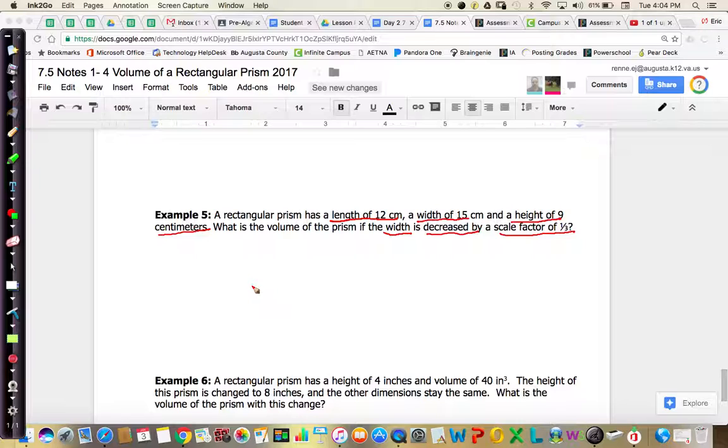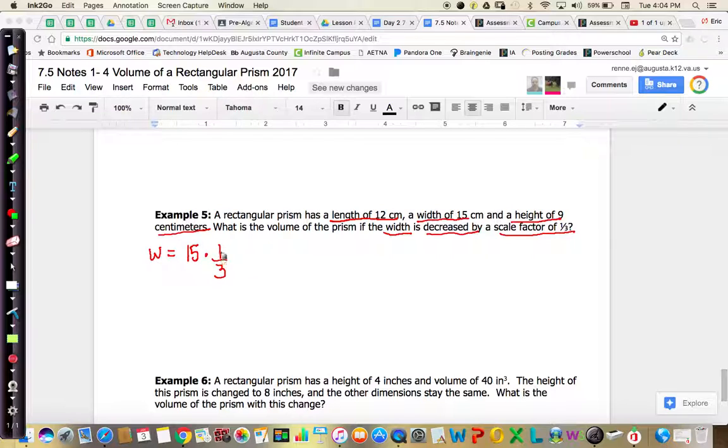So before I can do length times width times height, I've got to change the width by a scale factor of 1/3. And we know scale factor means the number you're multiplying by. So I'm going to multiply the width by 1/3. So let's write W equals 15 times 1/3.